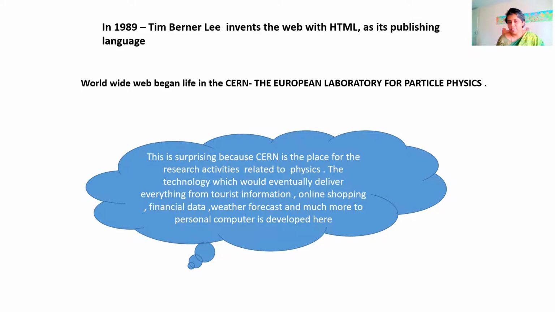There's a very interesting story. This is surprising because CERN, the European Laboratory for Particle Physics, is the place where the WWW or HTML was invented and developed. This is the lab where the WWW was developed by Tim Berners-Lee.